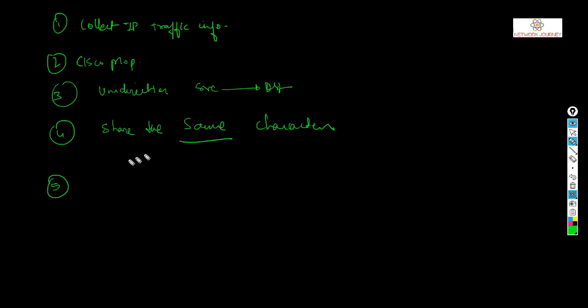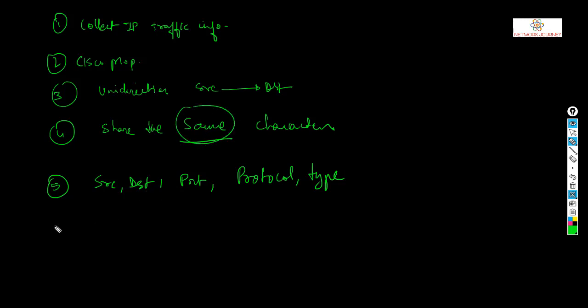What else here? So basically characteristics like the same source, it can be the same destination, it can be the same port number, it can be the same protocol, or it can be the same type. So these are some characteristics which, when I use the word same, can be the same source, similar destination, similar port number, similar protocol, or similar type.